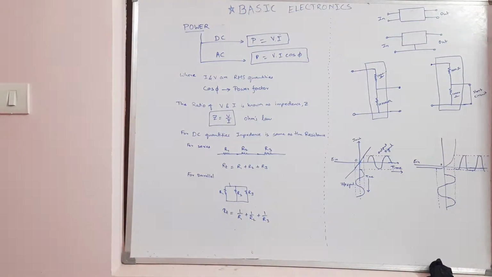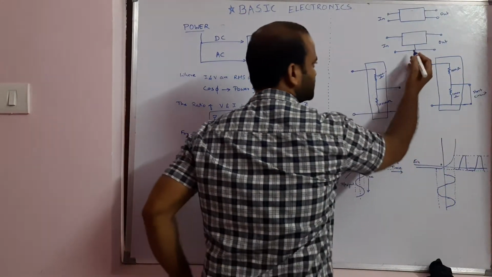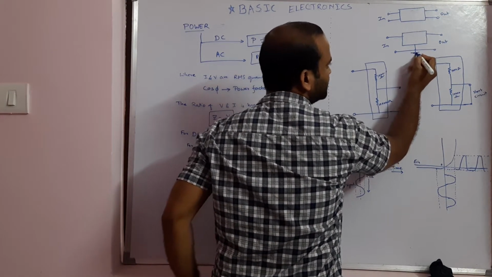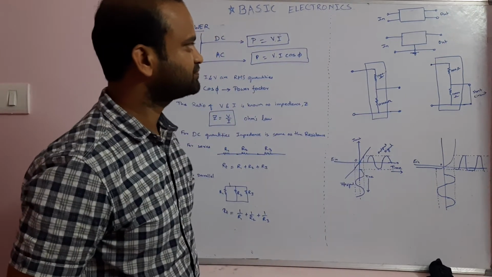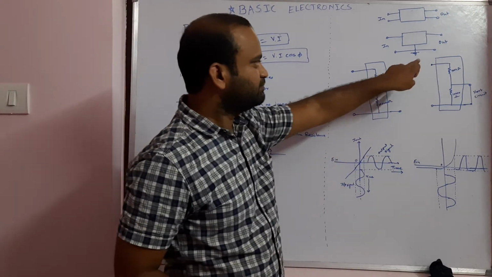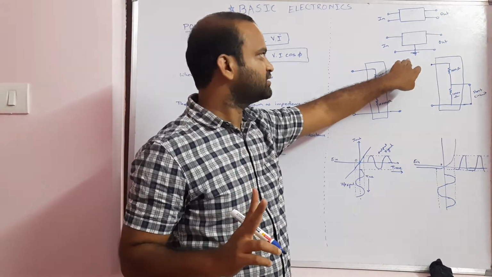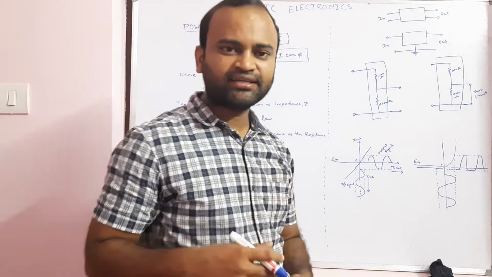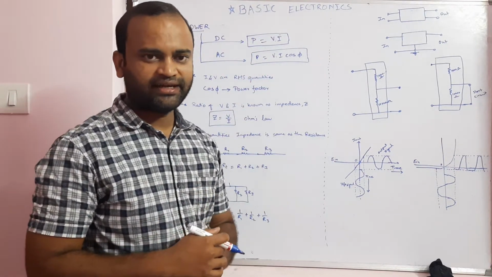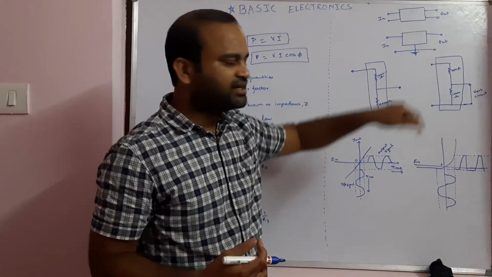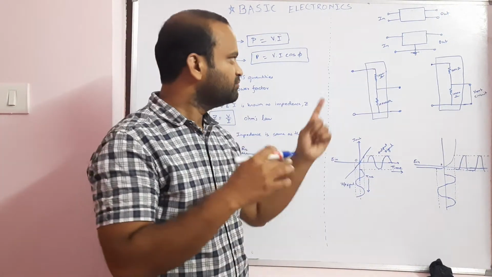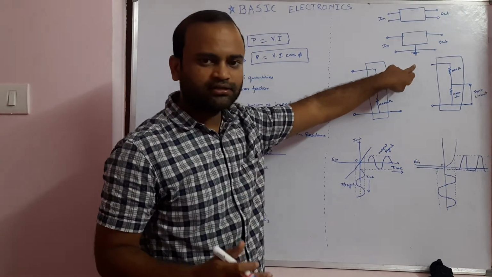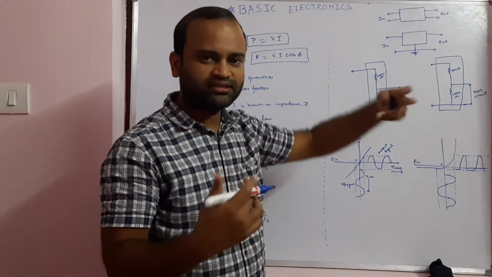Let me draw a representation. In many circuits, the ground terminal can be represented like this. It serves two basic purposes: this common ground provides a common return current path for the circuit, and the other purpose is that it provides a reference line between the various circuits, and hence it can be connected using this common line to other circuits.